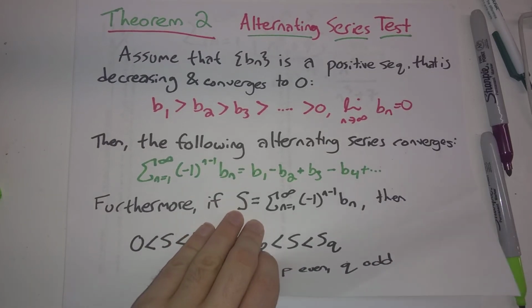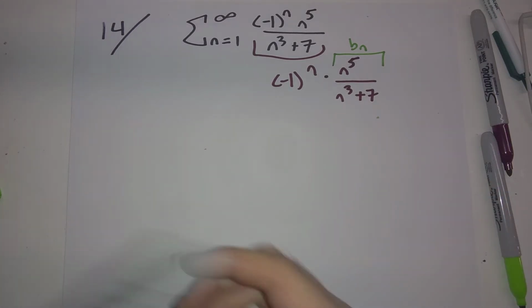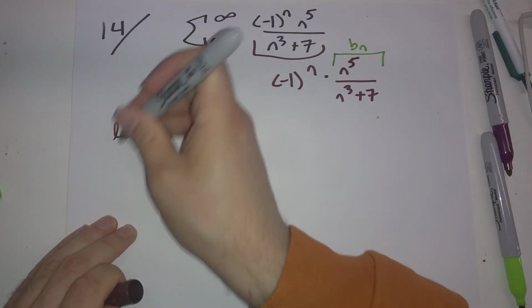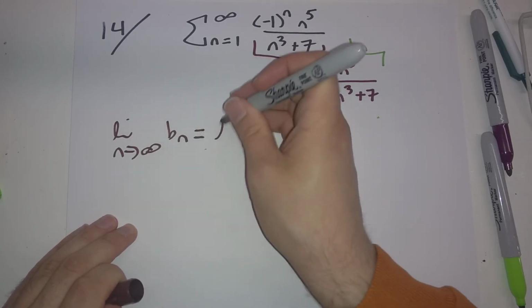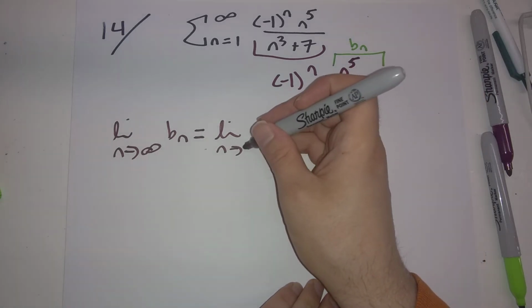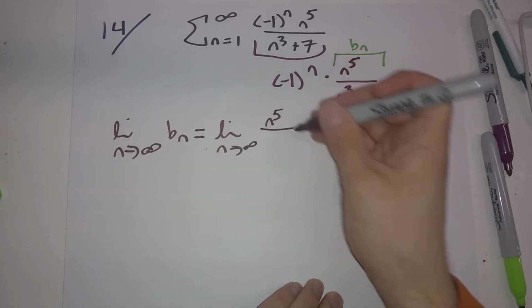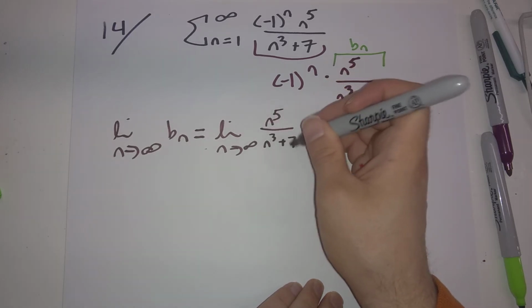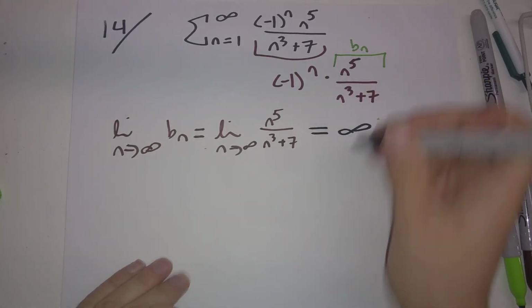So the temptation right now is to say that the limit as n goes to infinity of b sub n, if this limit is 0, and we show that the b_n sequence is decreasing, then by the alternating series test, this converges. But when we go ahead and compute this limit, we get infinity.